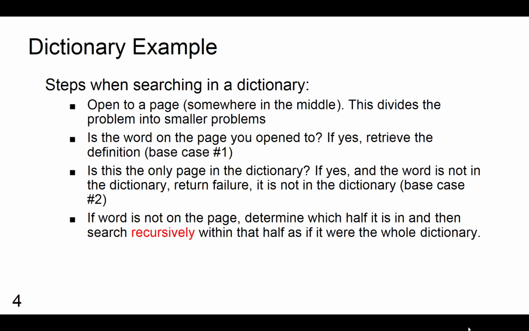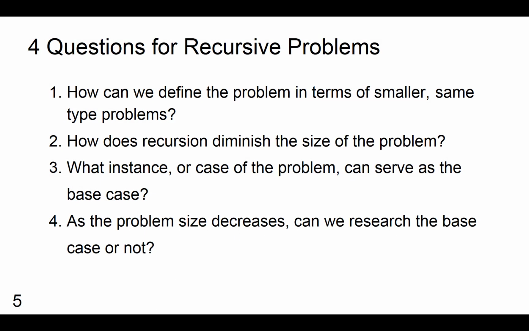If this is the only page in the dictionary and the word is not on it, we say the word is not inside the dictionary. That is a second base case, the failure base case. Otherwise, we determine which half of the dictionary most likely contains the word, and then we recursively search that half as if we were solving the problem for the whole dictionary. You can see there are four questions we need to answer in order to solve a recursion problem.